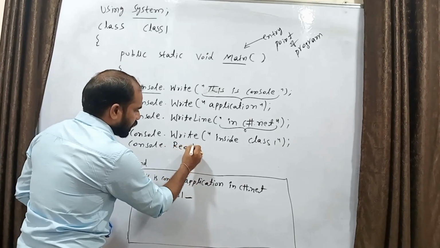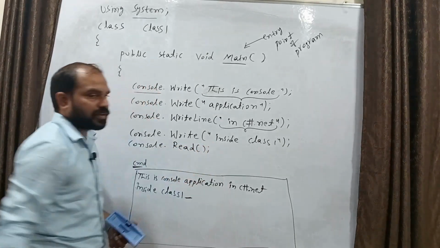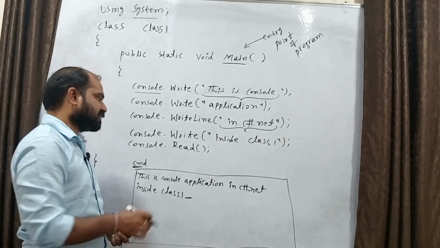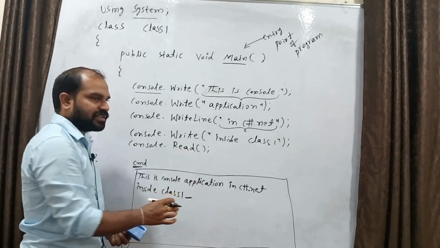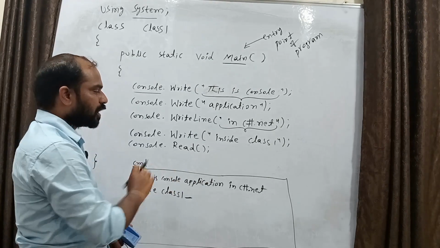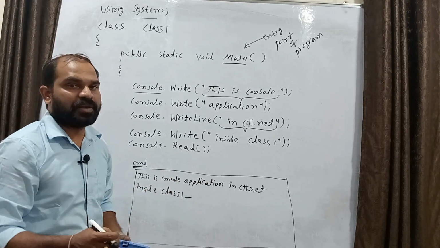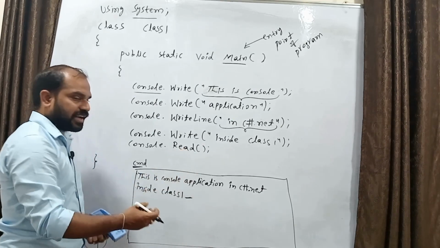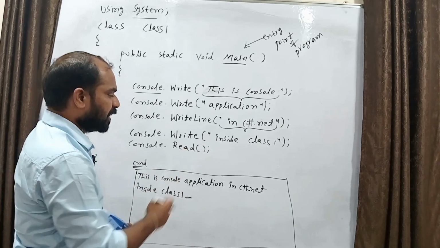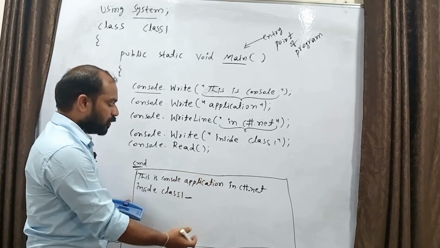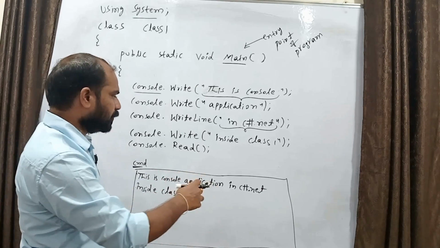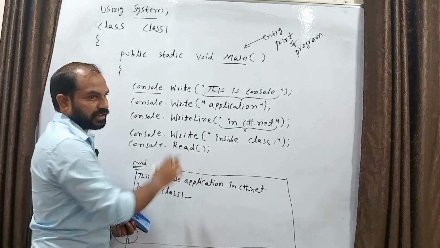console.read, right? So what is the purpose of read? Read key, read line. So here the read method reads the next character from the command prompt, which is going to be given by the user, right? So read means read the data which is entered by the user. The command prompt will get opened, the user will type some data, and that data is going to be read by the read method, right?